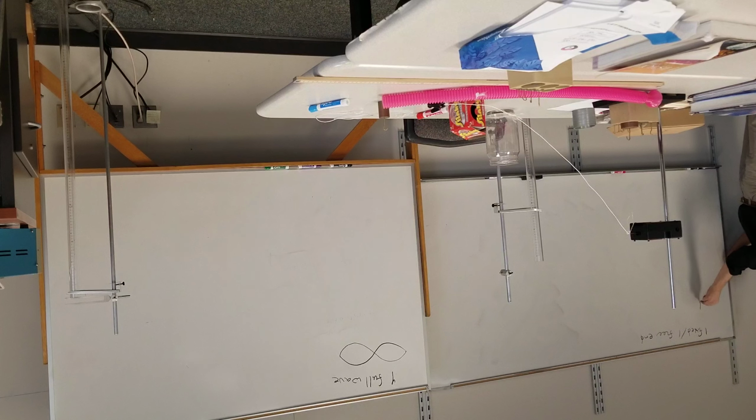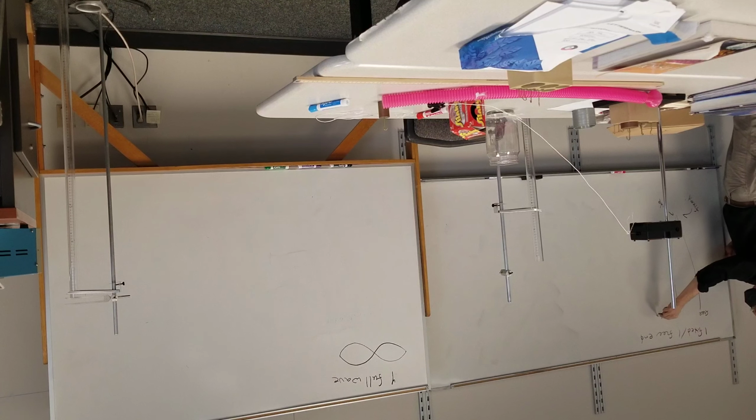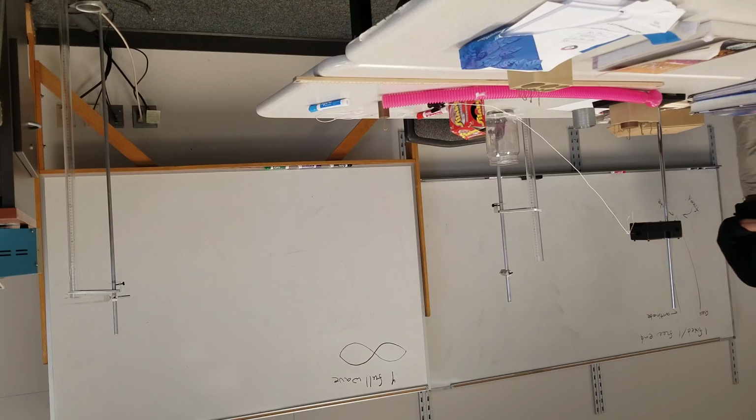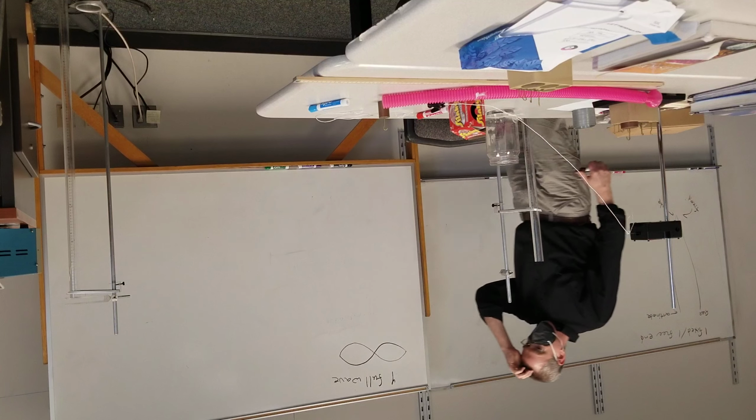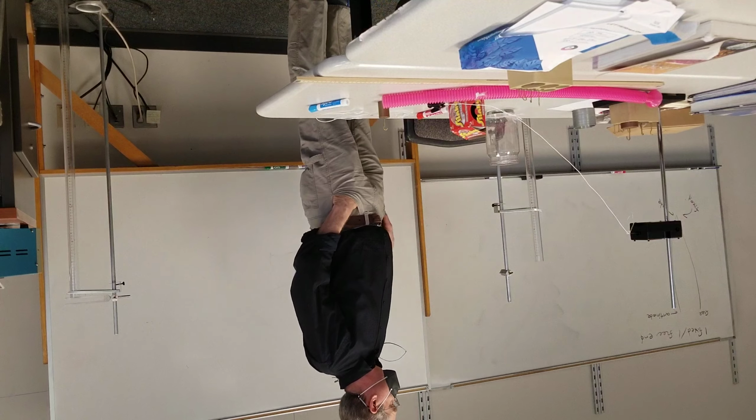And so the simplest pattern is basically that. I've got my fixed end down here. This is my fixed node. And this is an antinode. This is my free end. How many waves is that?